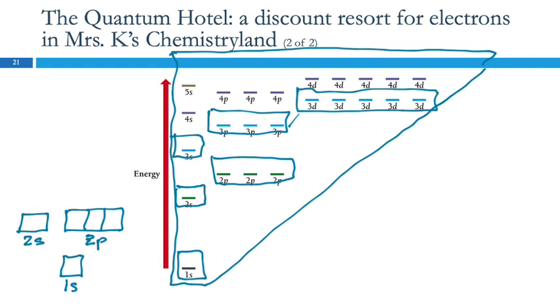Okay. And so in the orbital diagrams, each box is a bed that could hold up to 2 electrons. Each line could have up to 2 arrows pointing different directions. Okay. Yep.